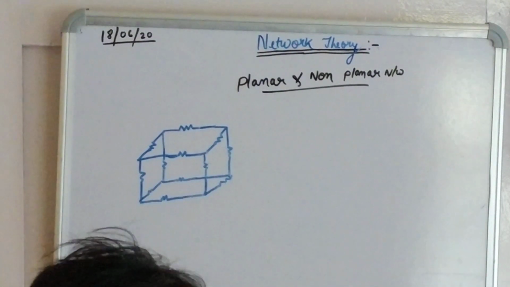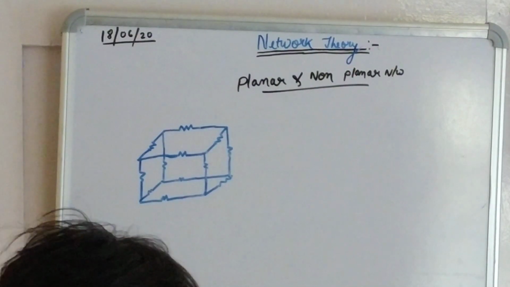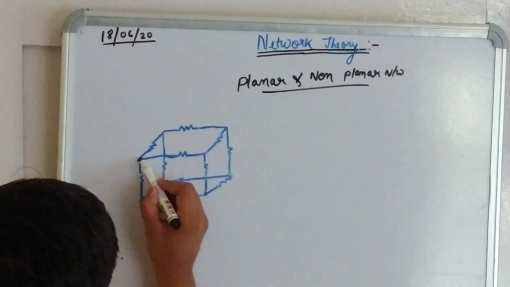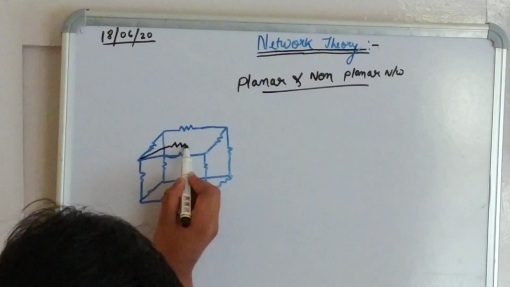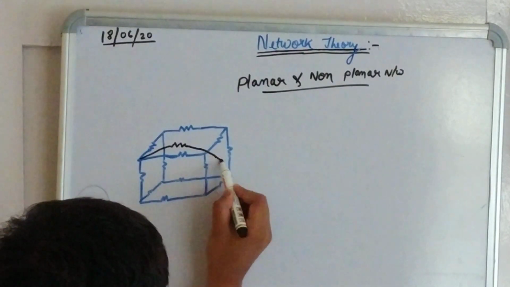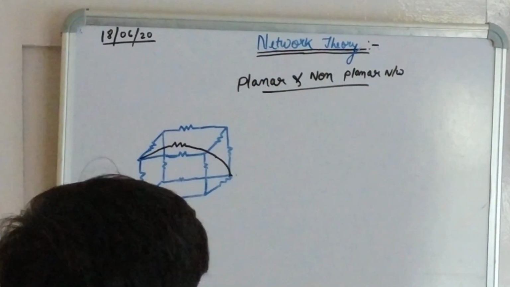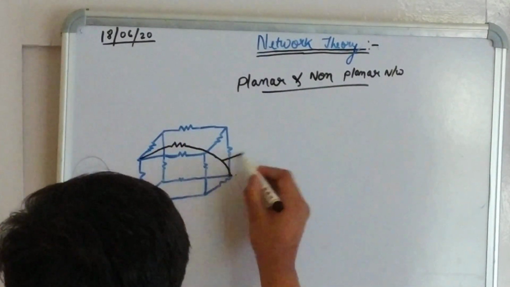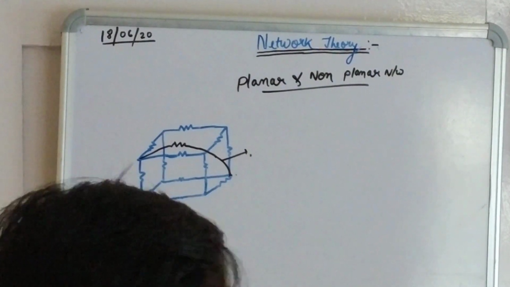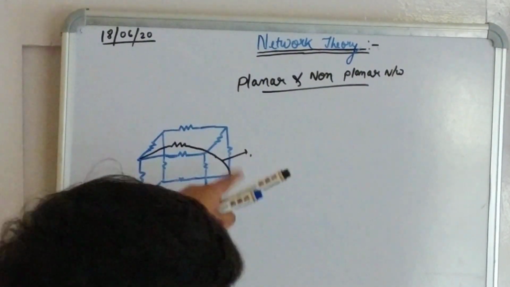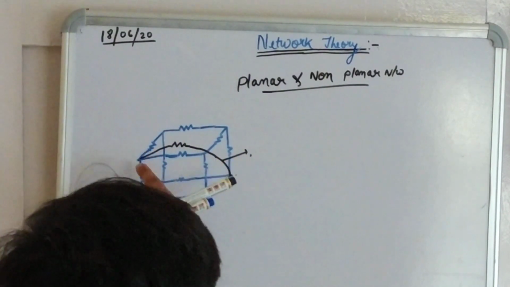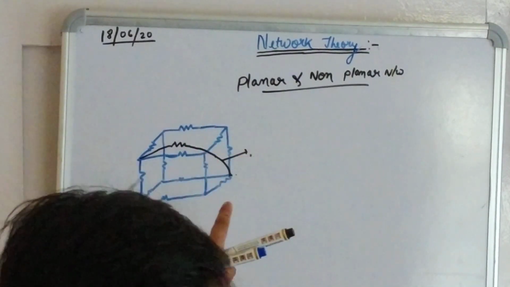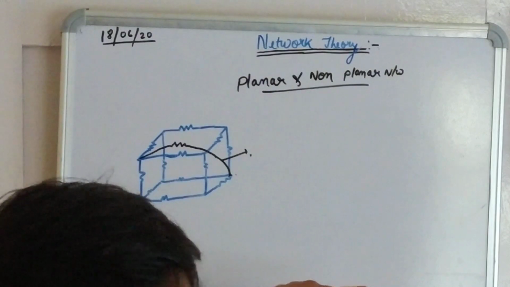Now suppose I connect one more branch from here. I will take this branch to this point. Now you will see that you will not be able to draw this particular branch in a 2D plane without any overlappings. Earlier the network was planar, but now, since this branch has come, you will not be able to draw the entire network in a 2D plane without any overlappings.